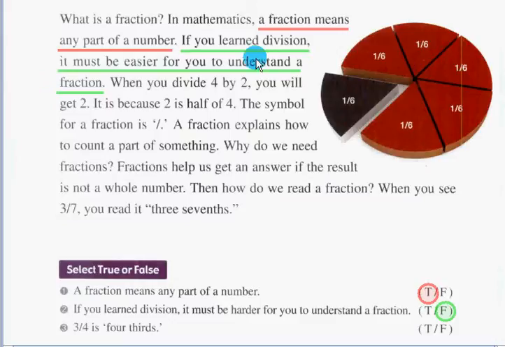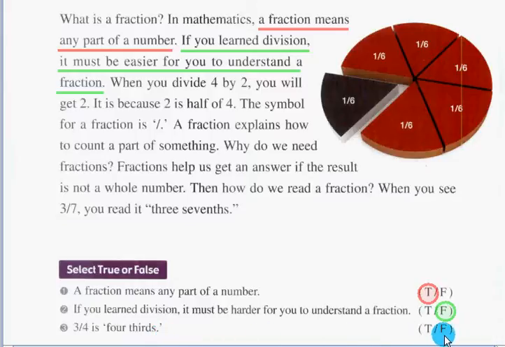Because if you learn division, it must be easier for you to understand a fraction. So it's not harder, but it's easier. Alright, then number 3. 3 over 4 is 4/3. Is it true or false?